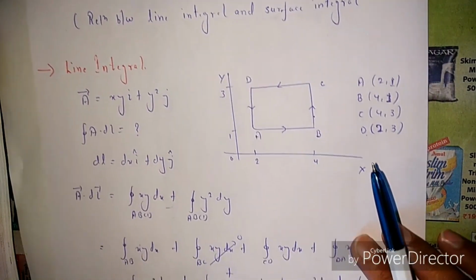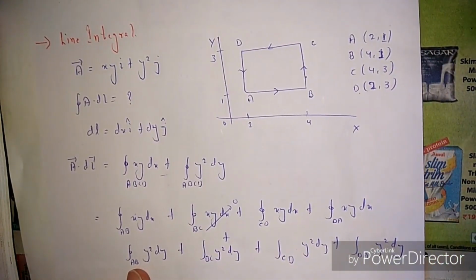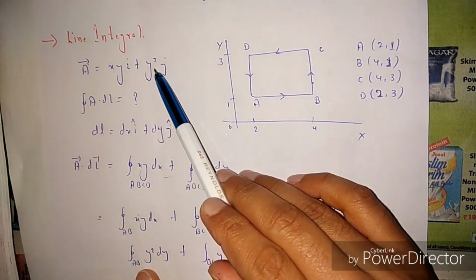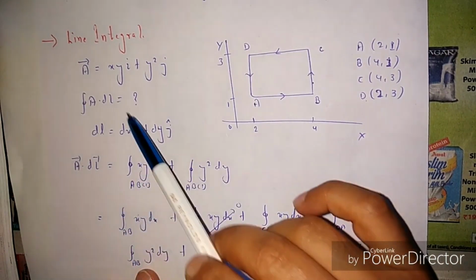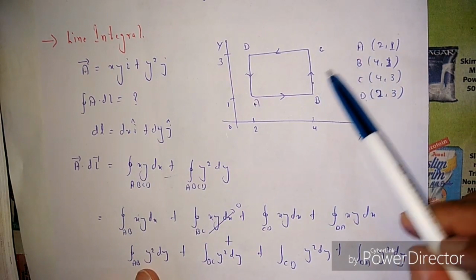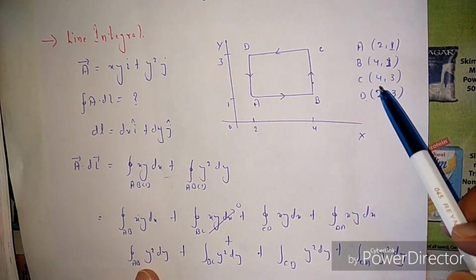Now for the line integral, we have considered a vector A whose value is xy i cap plus y squared j cap. Here is a graphic figure with some point values.